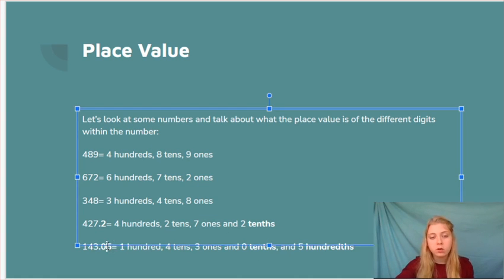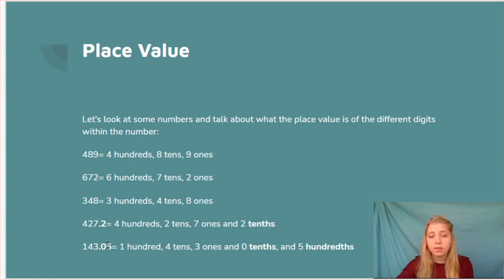So we have that 0 there to show us that when it comes to how many tenths, we don't have any, but we do have hundredths, which is why there's that 0. The 0 holds that place and shows us, no, we don't have any tenths, even though we have hundredths.